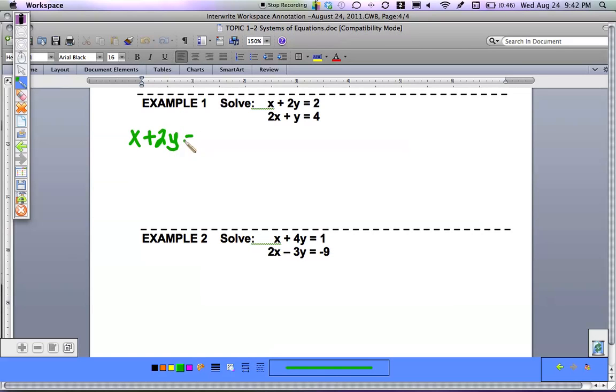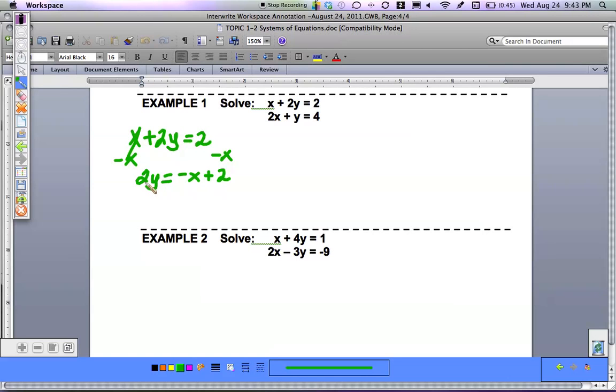So here's the first equation they gave us. We're going to solve that equation for y. So we need to get the x moved away from the y. Since it's being added, we're going to subtract x from both sides. Because this is an x and this is not, we cannot combine those two. So we would rewrite our equation in y equals mx plus b form, where the x comes before the constant. Now we have a 2 that's multiplied by the y that we need to get rid of.